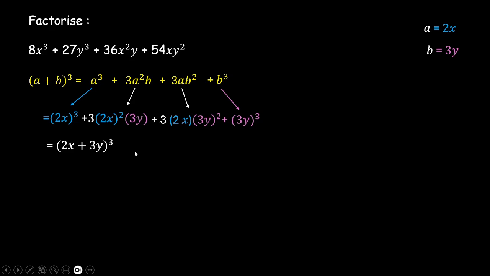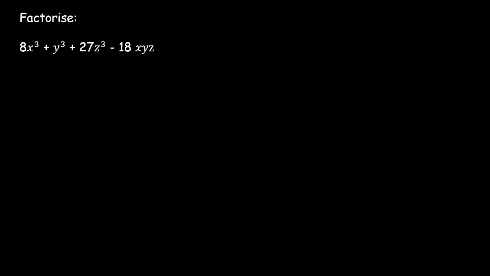Okay. Now, this is another factorize question, and we again have 8x cube, but then we have y cube and 27z cube and negative 18xyz. So, 3 cubic terms, okay, and then a negative term with it, which has xyz.